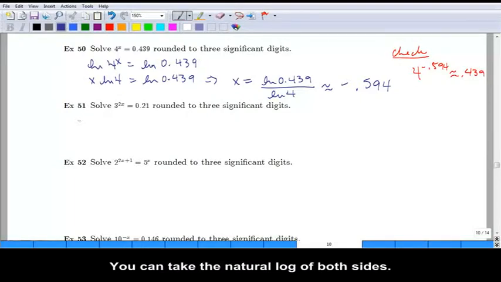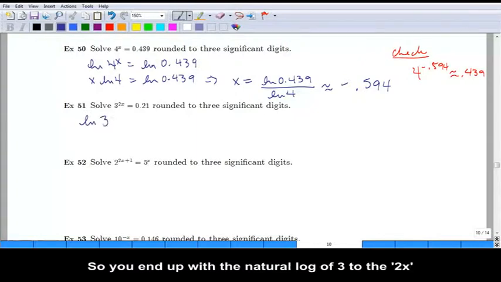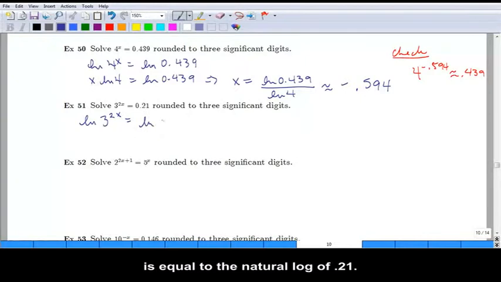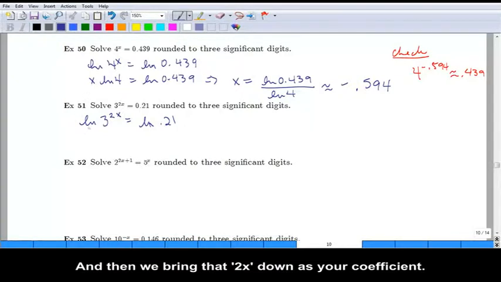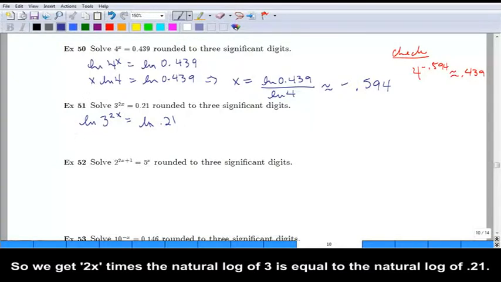You're going to take the natural log of both sides, so you end up with the natural log of 3 to the 2x is equal to the natural log of 0.21, and then we bring that 2x down as your coefficient, so we get 2x times the natural log of 3 is equal to the natural log of 0.21.